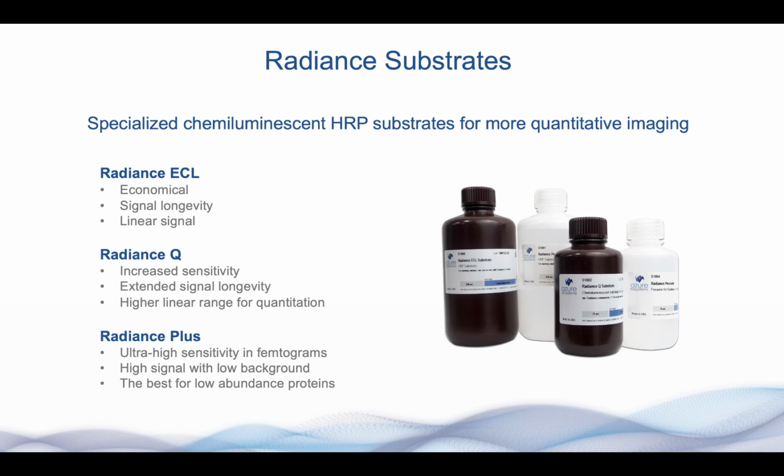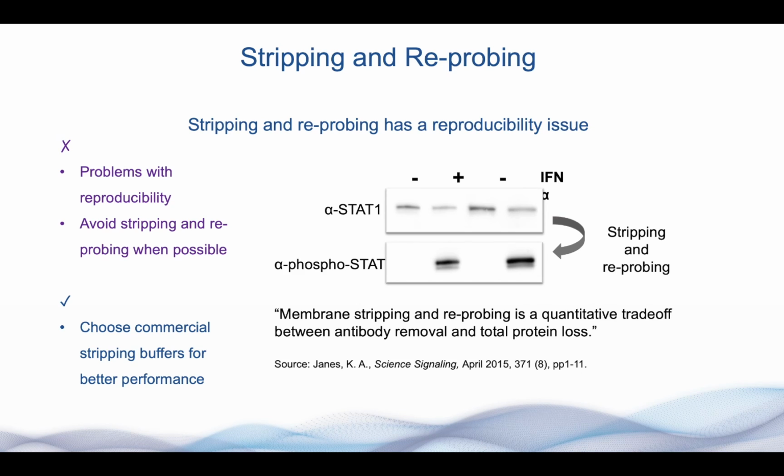As I mentioned before, the biggest drawback of a chemiluminescent reaction is that it cannot be used for detecting multiple targets at a time. I'm fully aware that there are certain workarounds. One of them is cutting the membrane in two, and another one is stripping and reprobing.